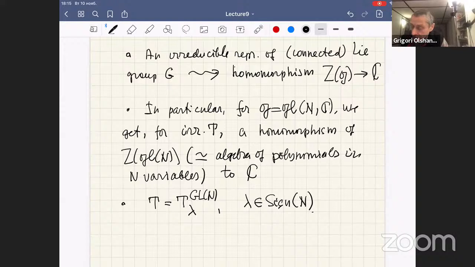So we want to understand, given a signature, what this homomorphism is, which is called the central character.